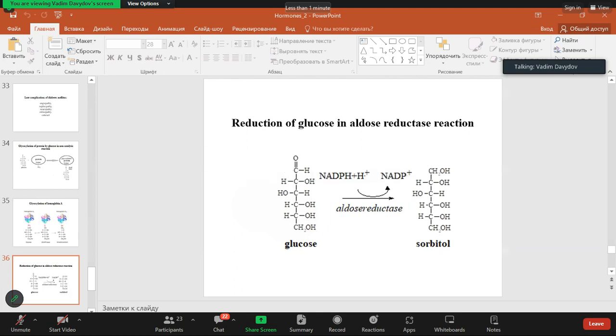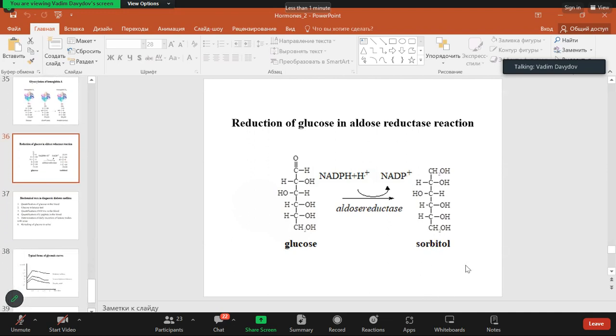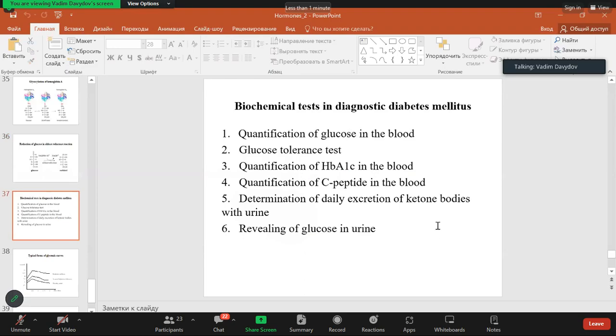Sorbitol is an osmotically active substance, and its accumulation brings increased osmotic pressure in the cytoplasm of the cell. And the accumulation of sorbitol is very important in the injury of function in the lens of the eye, resulting in cataract, with turbidity of the lens. So it's also one unusual way of utilization of glucose.